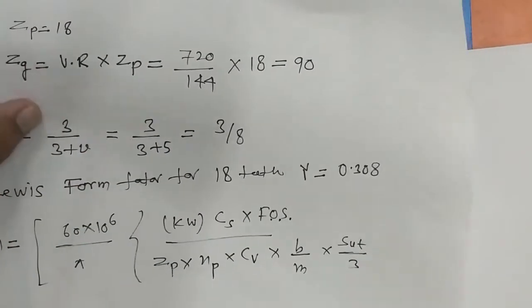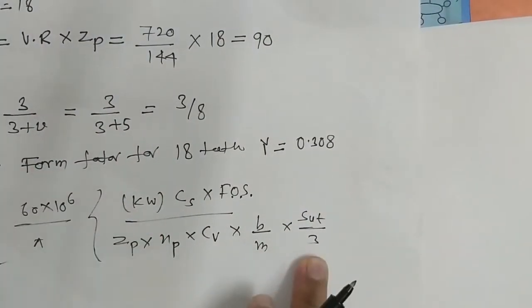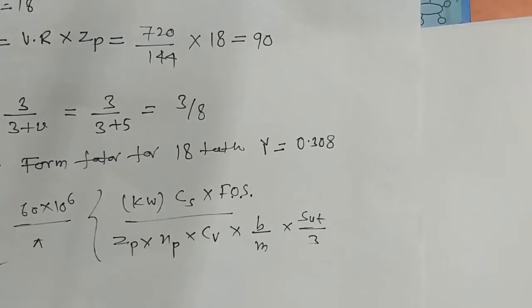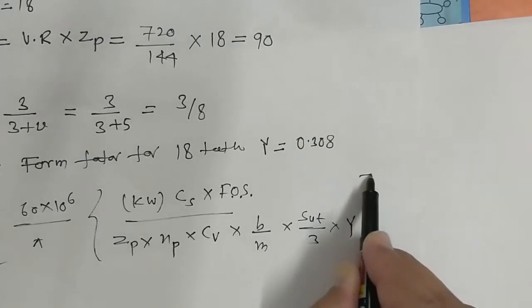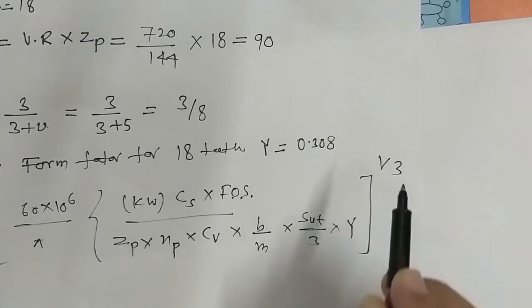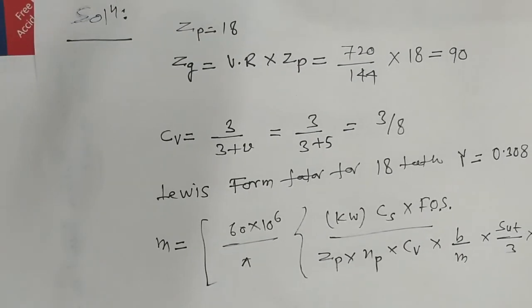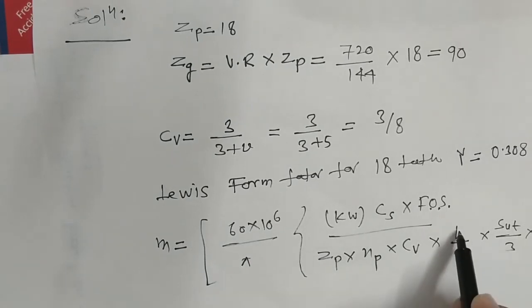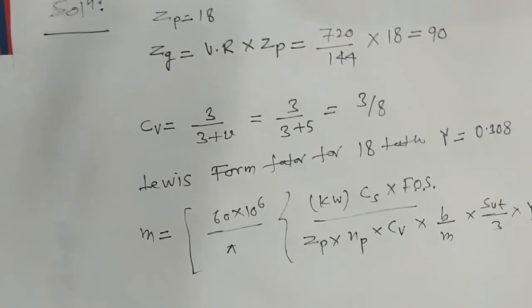In the lecture we discussed why we are dividing by 3: the teeth are subjected to fluctuating load, so we design for fluctuating load, and in fluctuating load we take endurance strength equal to 1/3 of ultimate tensile strength, multiplied by Lewis form factor, all raised to power 1/3. One more thing we keep in mind is that face width we usually take as 10 times the module.